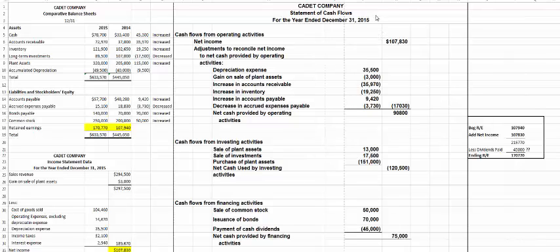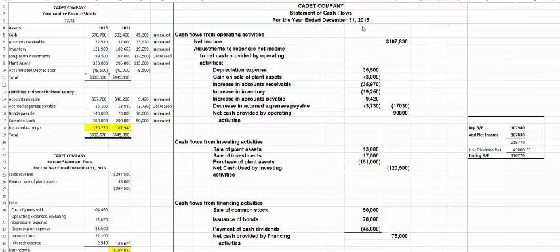It will have the last date that corresponds with that of the balance sheet. So it's for a period of time. If the income statement is for the year, then the statement of cash flows that goes with it is also for the year. If this was for a quarter or for a month only, that is what this would also be for.